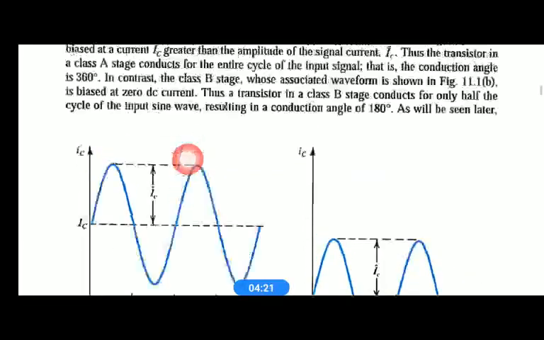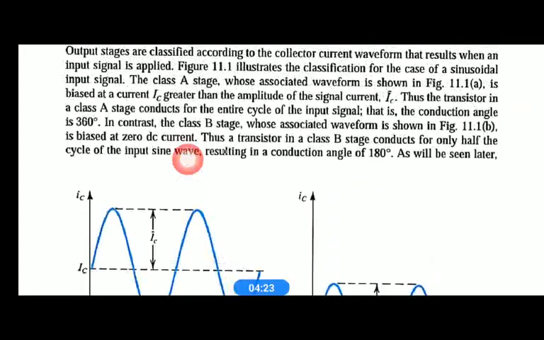Therefore we can say the class A power amplifier gives you a 360-degree conduction of the input signal.